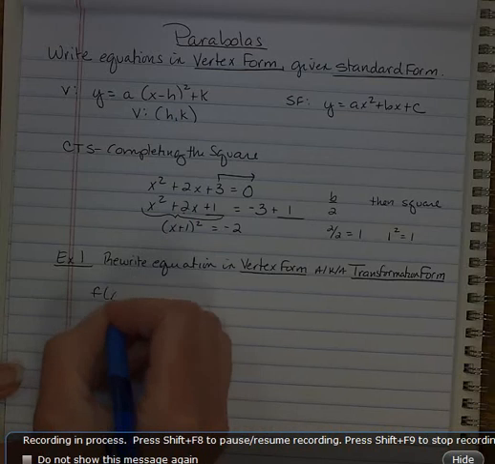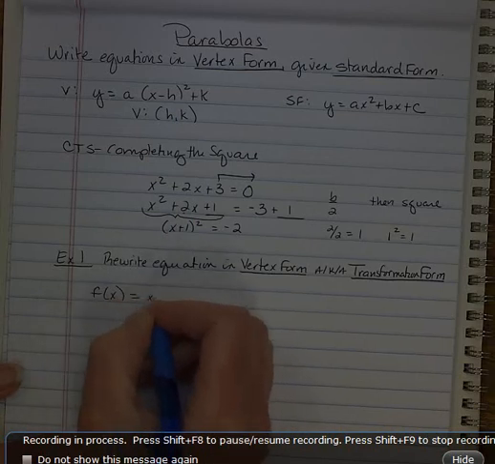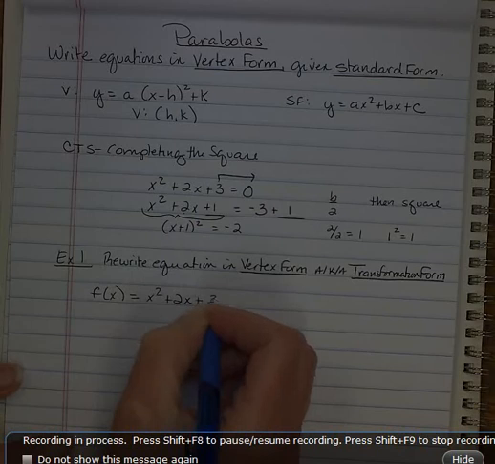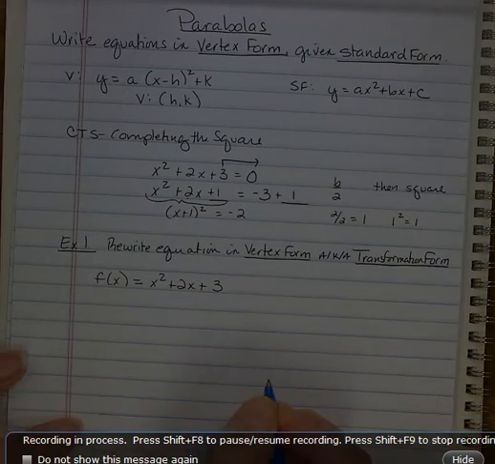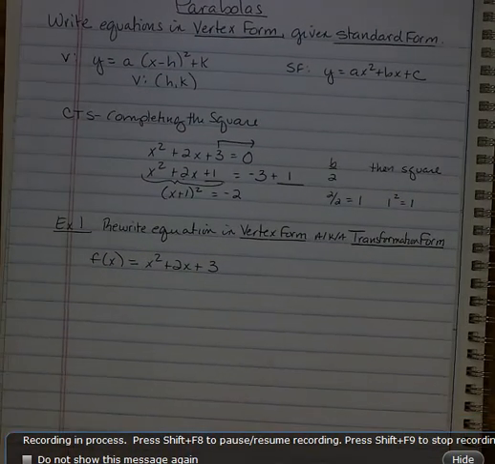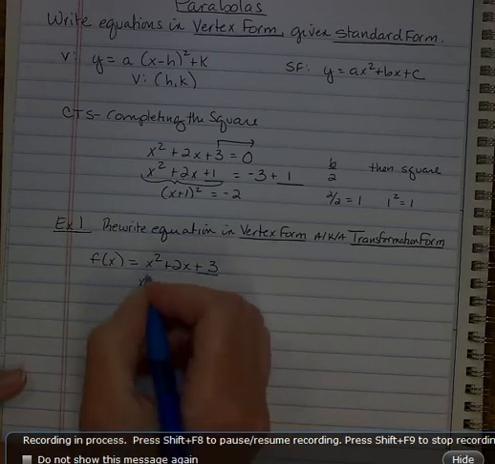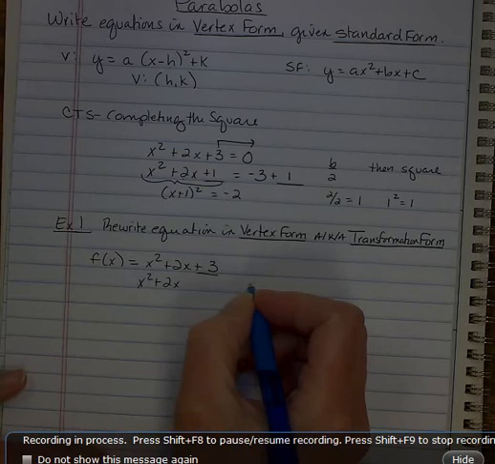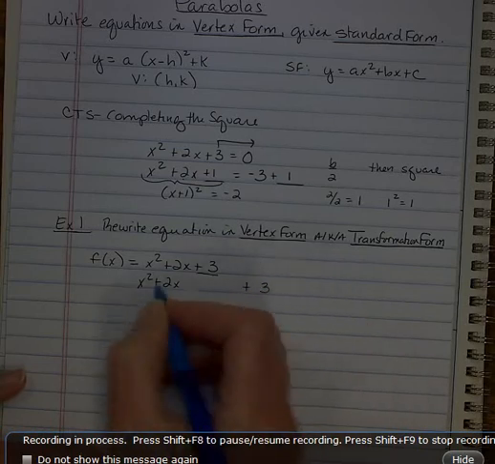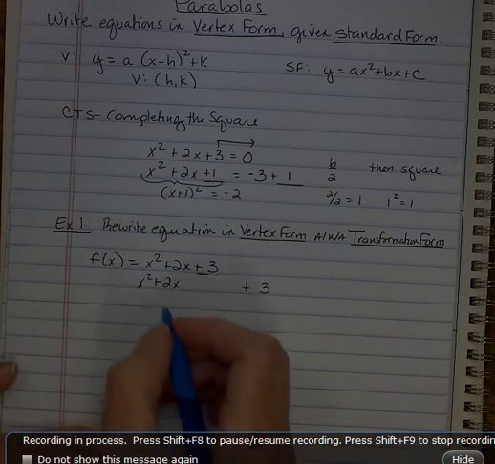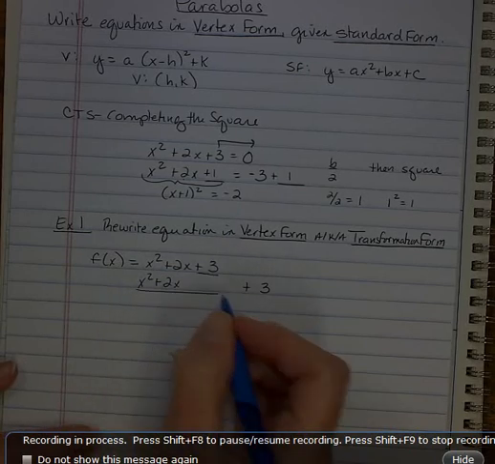All right, f of x equals x squared plus 2x plus 3. Now we're not solving, so this is where it's going to be a little bit different. Take that 3, and rather than moving it to the other side of the equals, you're just going to move it over to the side. Keep it on the same side of the equation. And we're just going to focus on creating a new trinomial here.